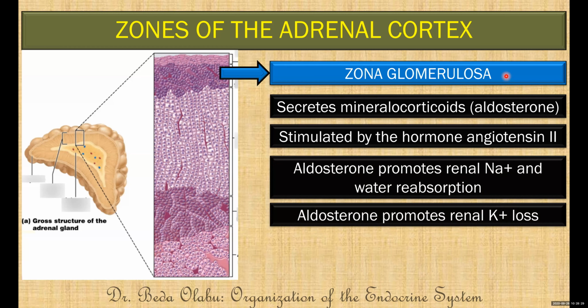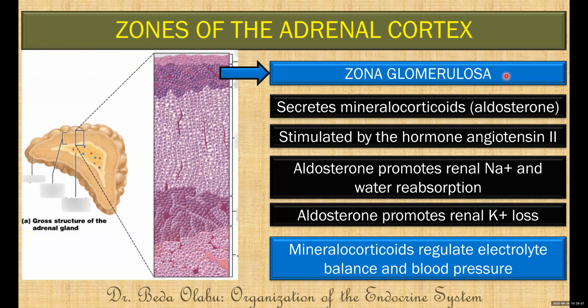Now, for the kidney to reabsorb sodium, it will reabsorb sodium in exchange with potassium, which means aldosterone promotes the loss of potassium in urine. Usually to balance the positive charges, you reabsorb sodium and you exchange that with potassium. So aldosterone promotes potassium loss.